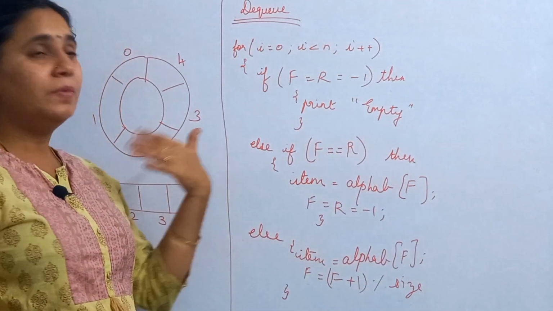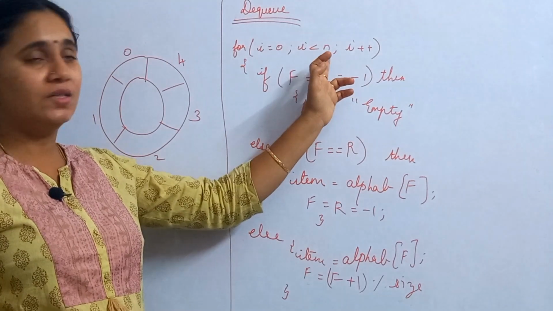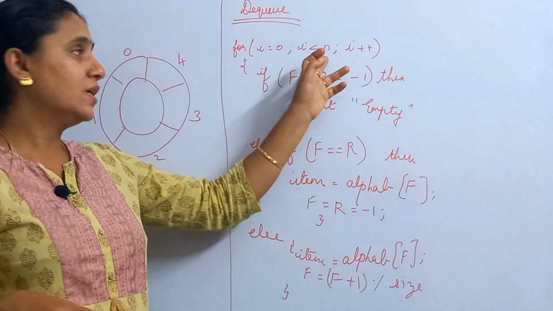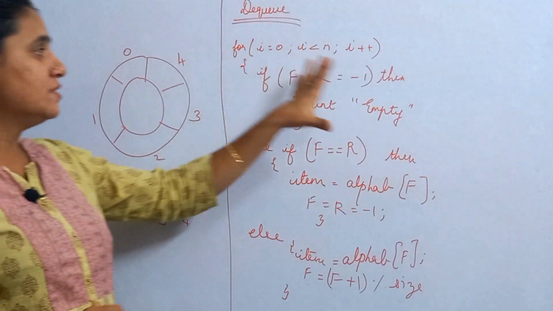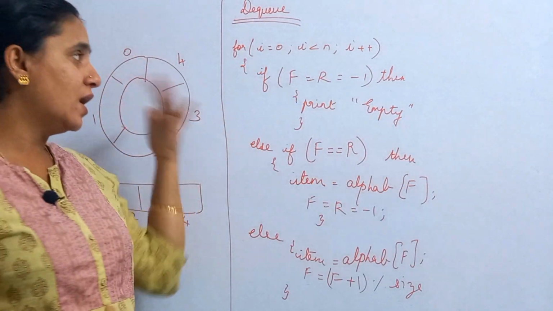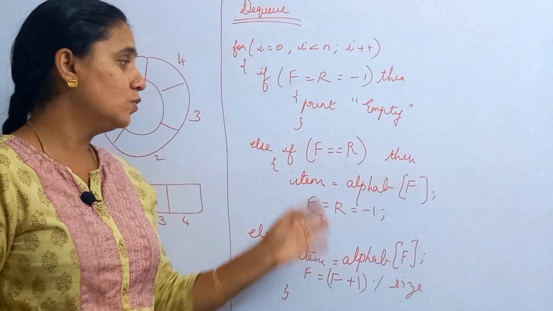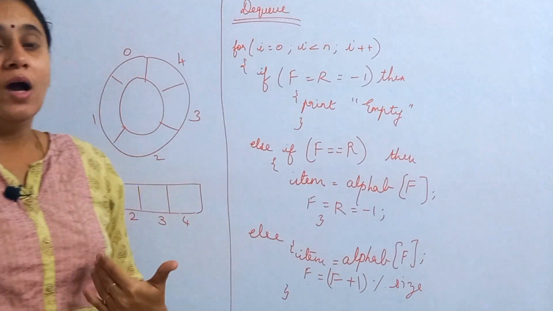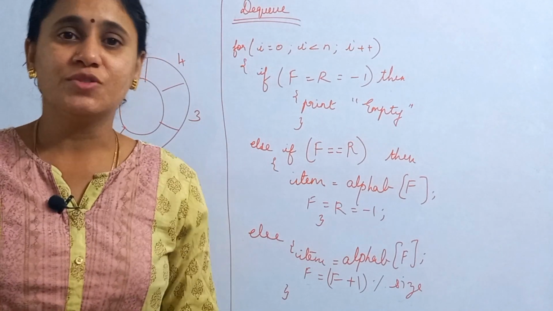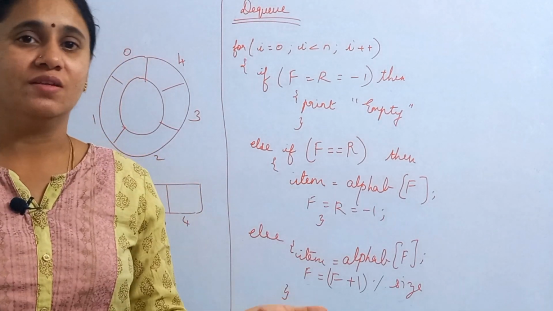It will be repeated until n number of elements. The same variables have been used in the last algorithm. If you cannot understand the use of all these variables, I request you to watch that video. Friends, I will give the link in the description. You can click and watch it.